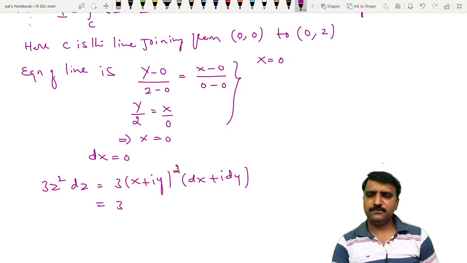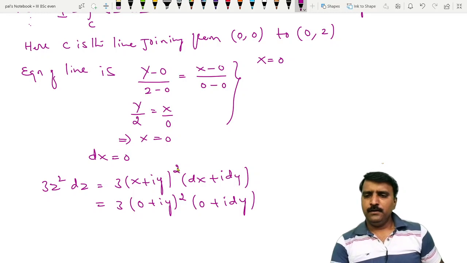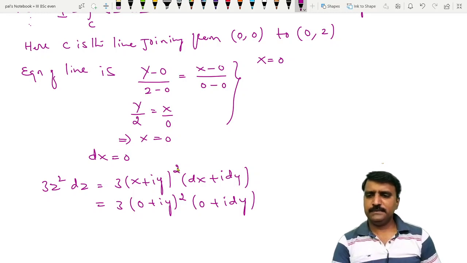That equals 3 into (0 plus iy) whole square into (0 plus i dy). Simplifying this, it is equal to 3 into i square y square into i dy, and i square is minus 1, so it is minus 3i y square dy.